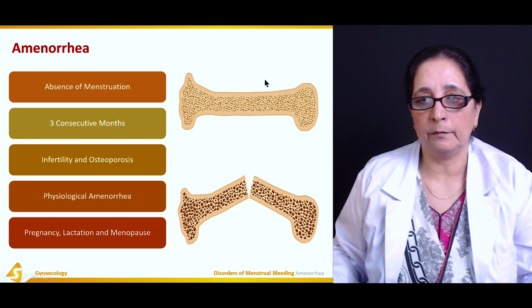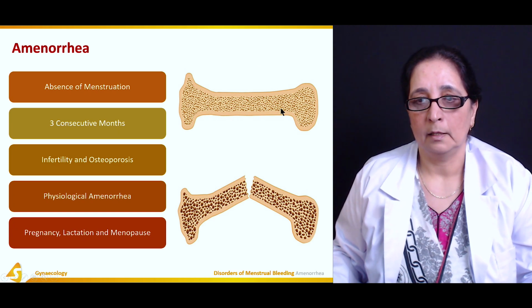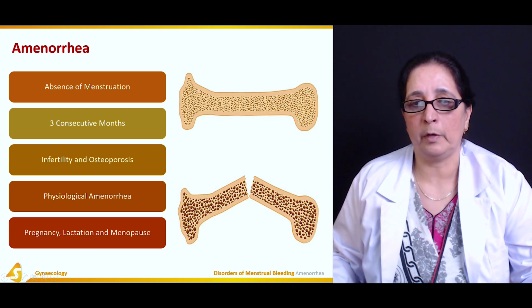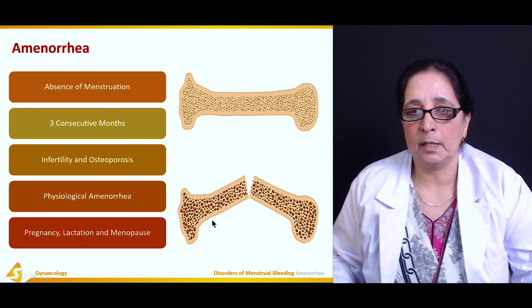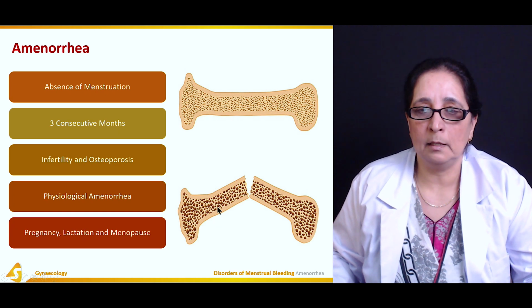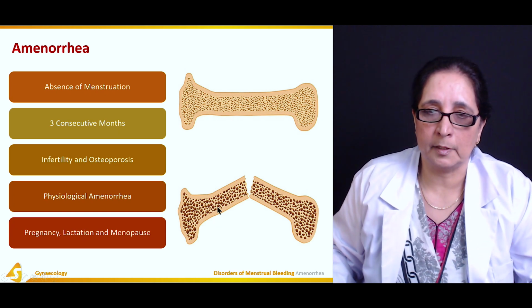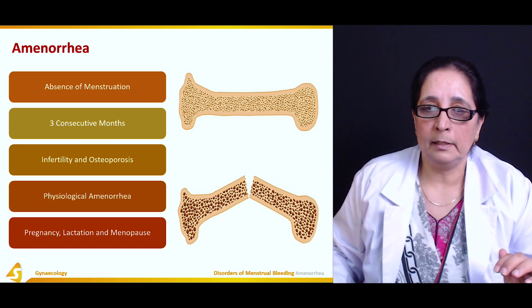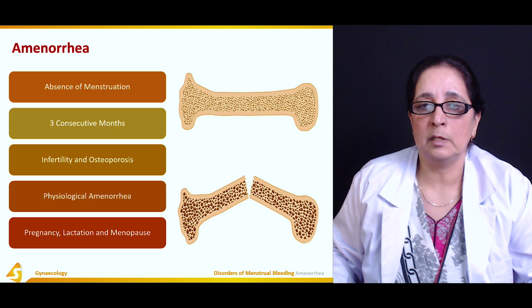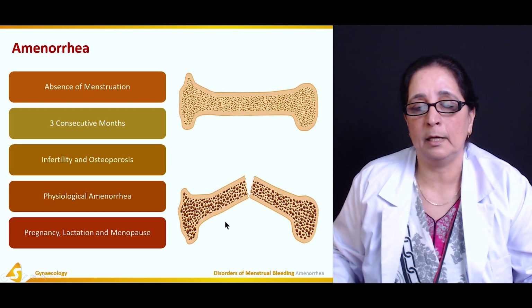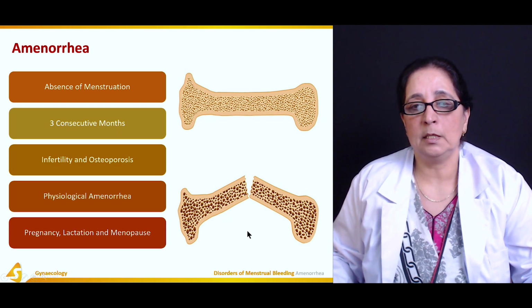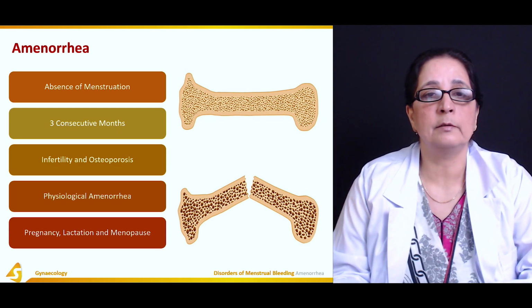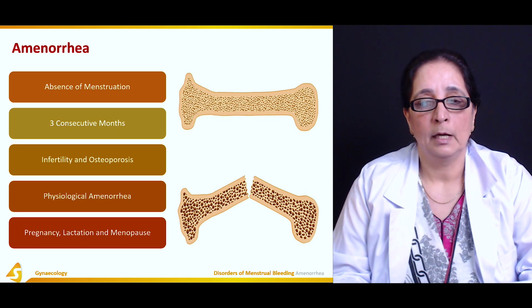The density of the bone is lost here. So these osteoporotic bones break very easily. When the person hits somewhere or falls, even with a little injury, the bones break very easily and they become very brittle. So this is due to deficiency of the hormone estrogen that occurs with amenorrhea.